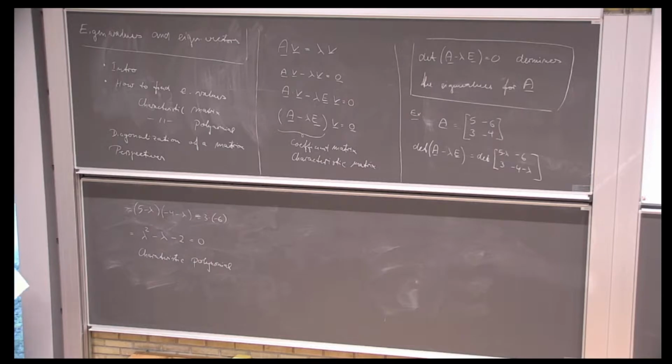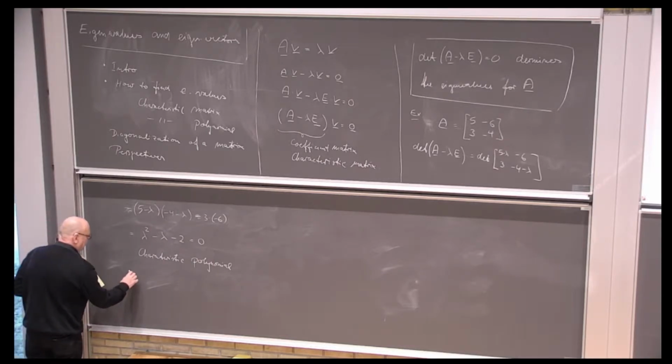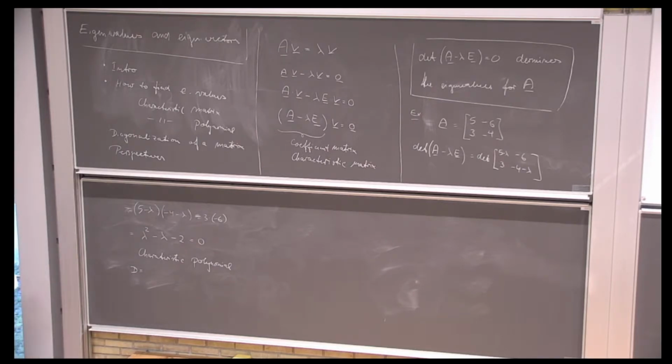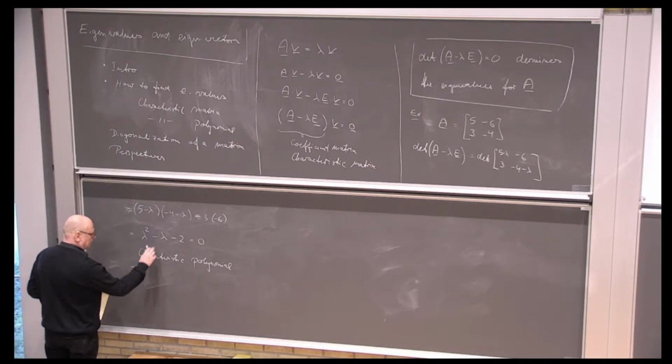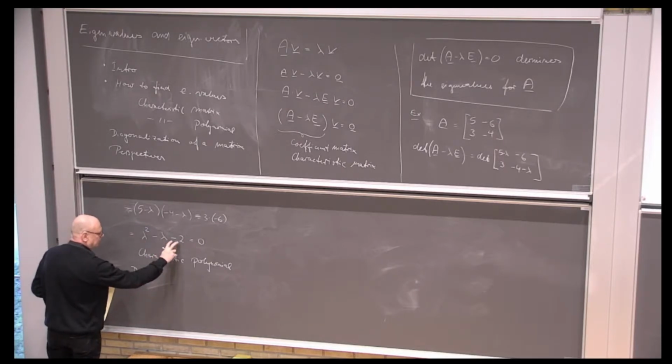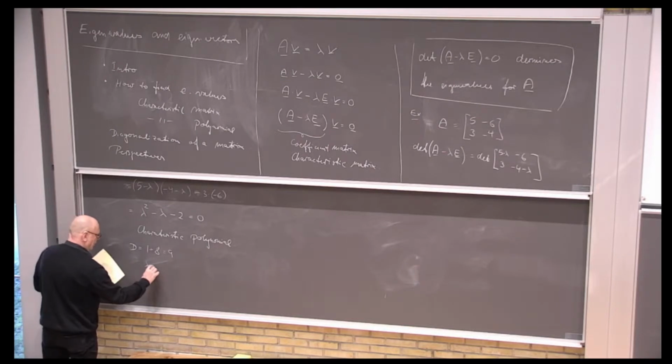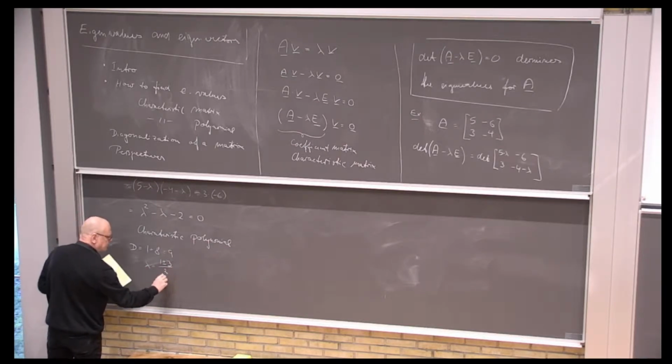And the way to solve it is just to calculate the discriminant. That is 1 minus 4 times minus 2 times 1, that is 1 plus 8, 9. So the solution is lambda equal to 1 plus minus 3, the square root of this, divided by 2.